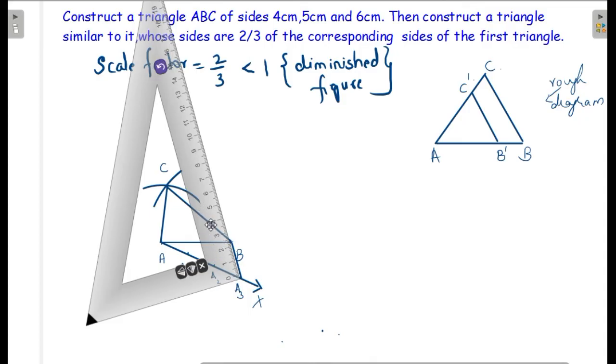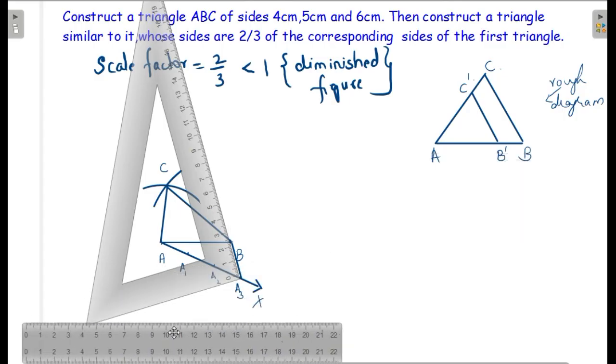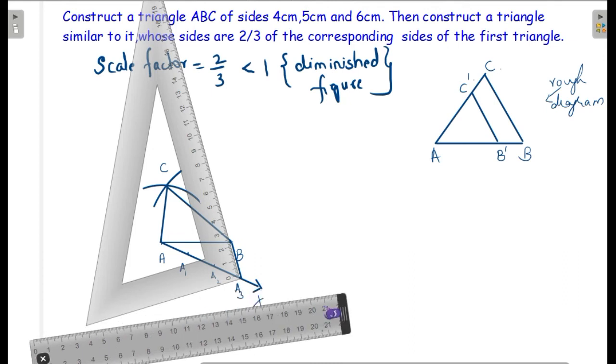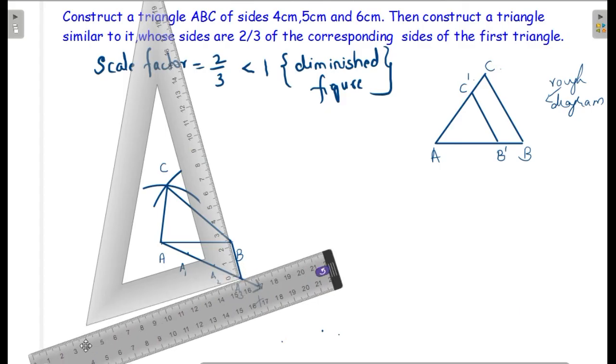Now, in order to fix the position of this set square, we need a scale. What do we have to do with the scale? We have to place the scale such that we can fix the position of this set square.